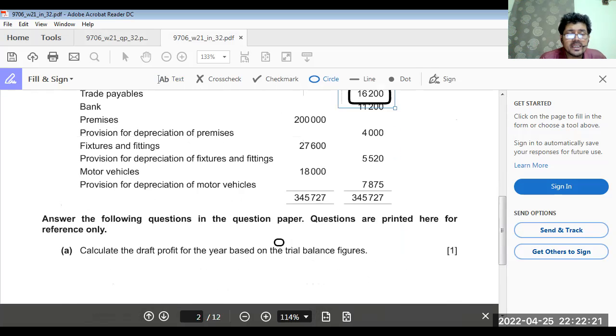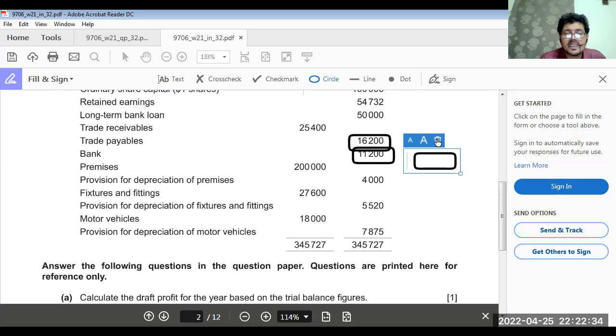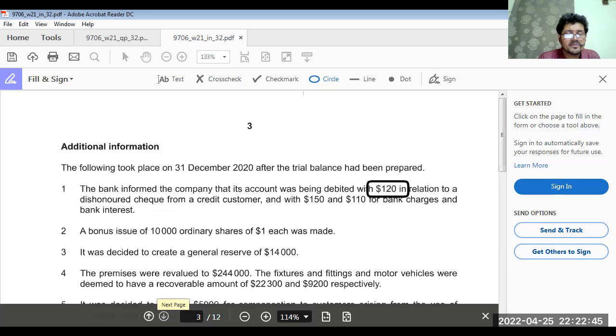Okay, and 5,000. What about bank? I'm deleting. 11,200. This is our bank amount. But I think we have to change this amount. Move to adjustments. Minus 120. Minus 150.